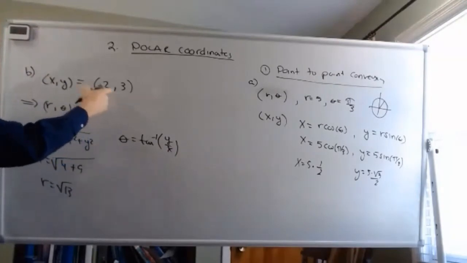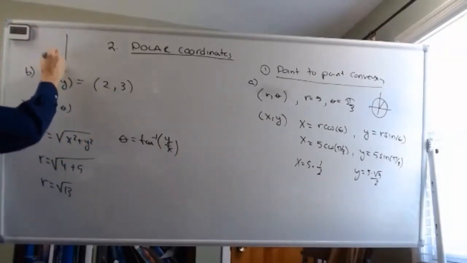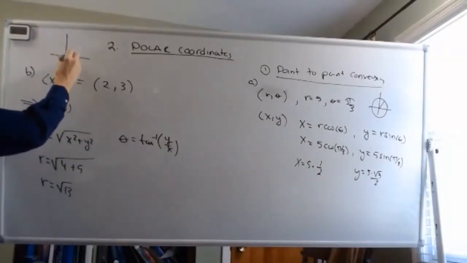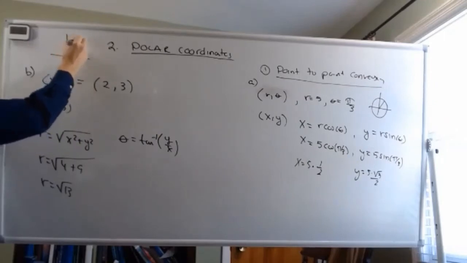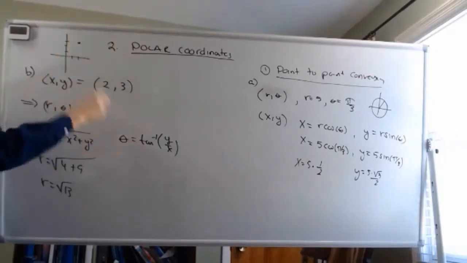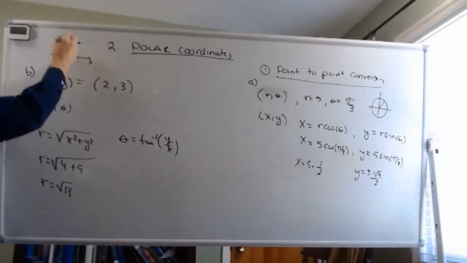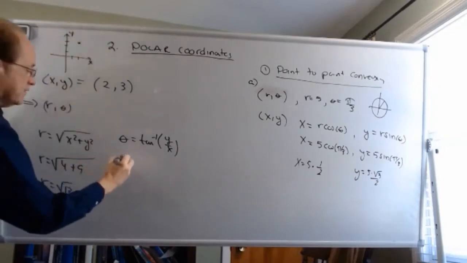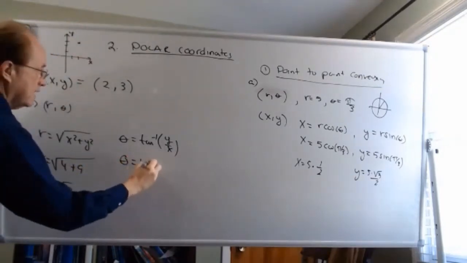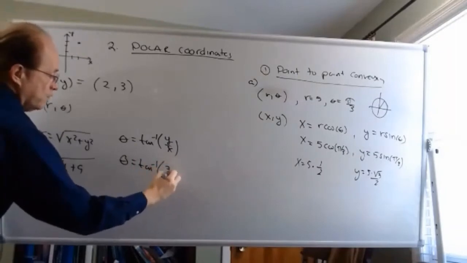And let's understand which quadrant that's in. When you do this, you have to figure out where you are. Well, here I'm in quadrant 1. So okay, everything's safe. I don't have to worry about that angle. It's going to give me the angle that will work out precisely. So my angle theta is equal to the arctangent of 3 over 2.